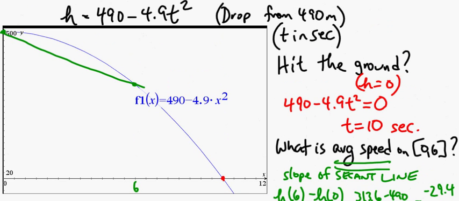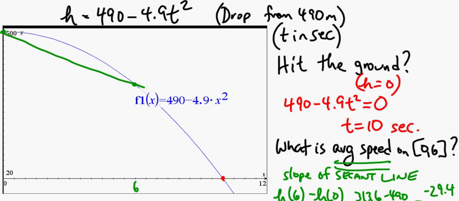But usually, folks, we're not interested in what the average speed of the ball is. I want to know exactly how fast the ball is going at 6 seconds. I want to know exactly how fast that ball is going.